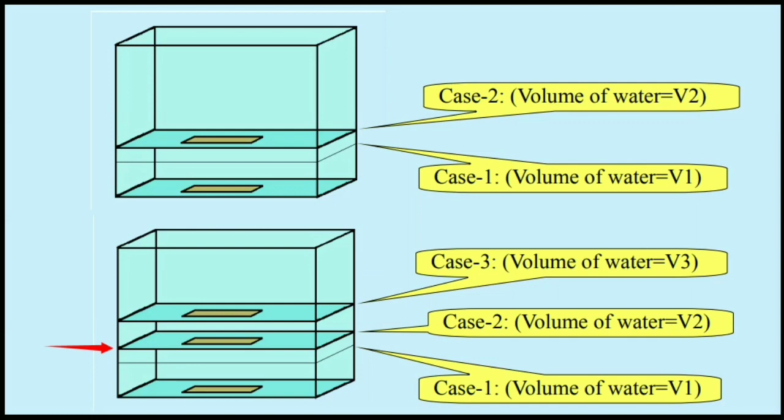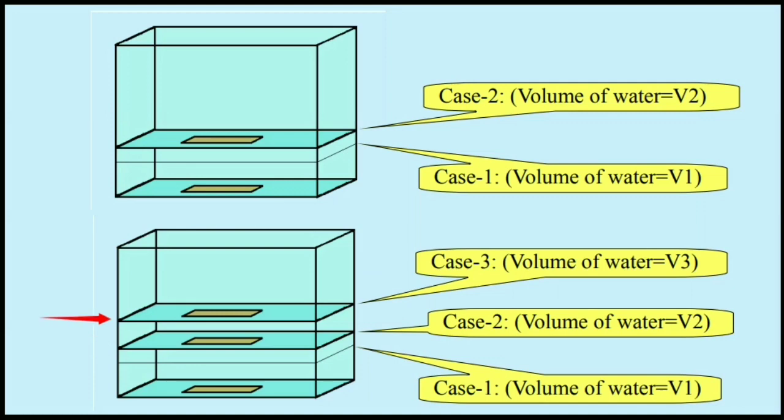Our solution starts from here till case 2 where the height of water in the tank is shown using arrow sign, and till case 2 we don't need to know new height of water, but the area of cross section is fixed.